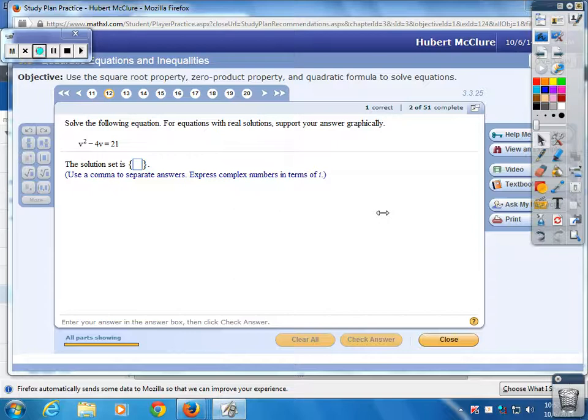All right, this one says x squared minus 4x is equal to 21. X squared minus 4x is equal to 21. And they want you to find the solutions.